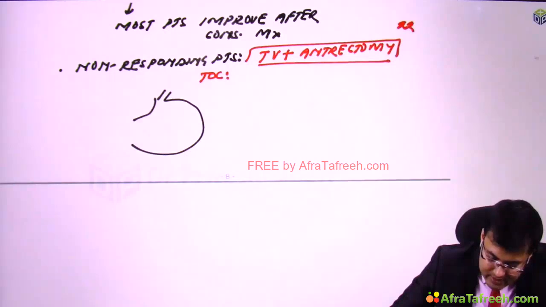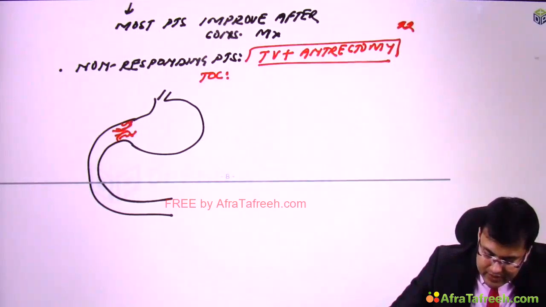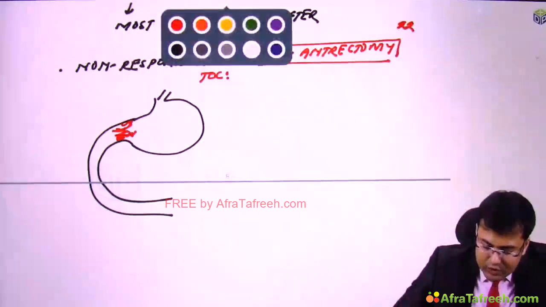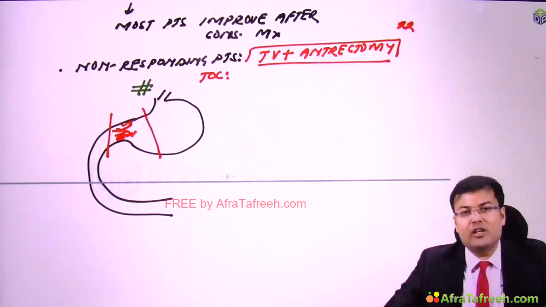Now see how we are going to perform this. You can see this is the stomach and this is the duodenum. Here is the ulceration, and because of that here is the fibrosis and stricture. So I'm going to perform antrectomy, and simultaneously I'm going to perform the truncal vagotomy.